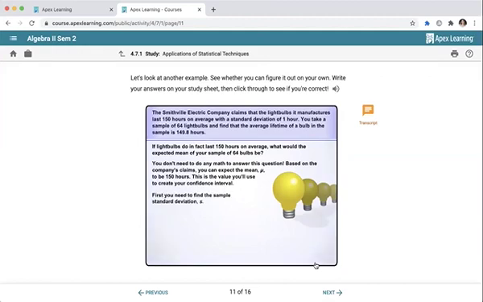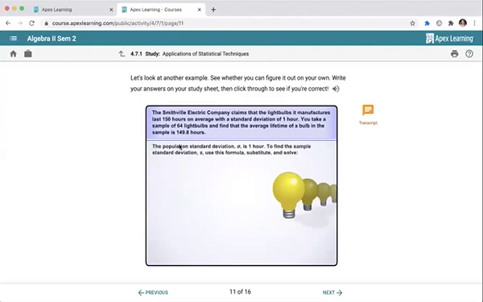We don't need to do any math for this first question because it's asking what the expected mean is. Mean and average are the same thing here. So our expected average is the 150 that the company says the light bulbs last. This is our expected mean value, mu. This is the value we'll use to create our confidence interval to check and see if our point is within our confidence interval.